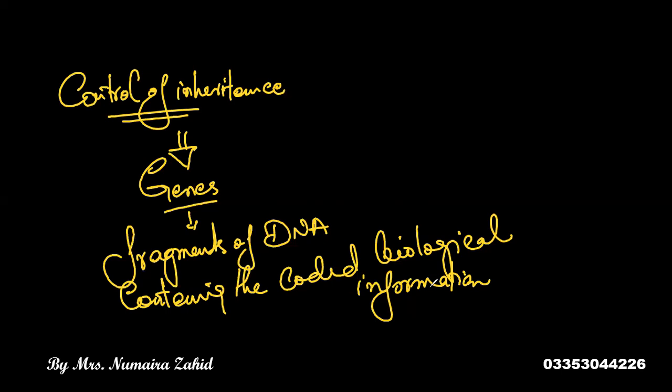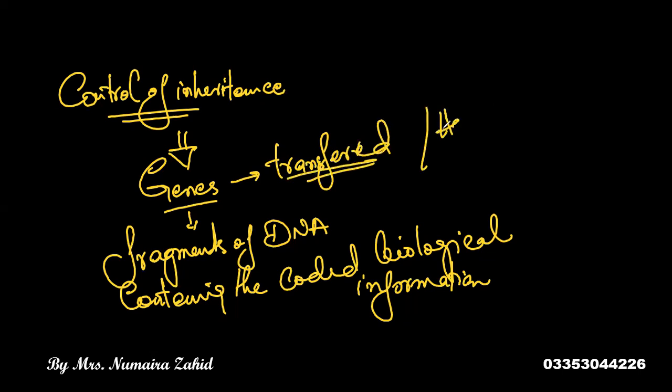So the inherited characters are determined by the genes which are transmitted from generation to generation. Therefore, we say that heredity is the way by which genes transmit characters from parents to offsprings. So these genes are actually controlling the inheritance. When the genes are transferred, the heredity occurs and the characters are transferred.